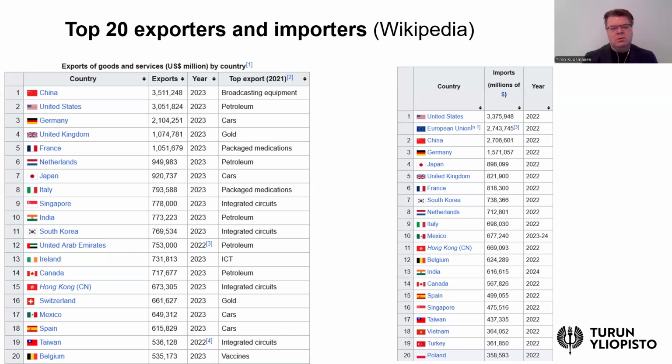In that sense, that also makes comparison to the United States more difficult. If we think about these top export products, it's not surprising to see that Germany or Japan are exporting cars, or Taiwan exporting integrated circuits, or Ireland exporting ICT services. But perhaps some of these top export products are also somewhat surprising.